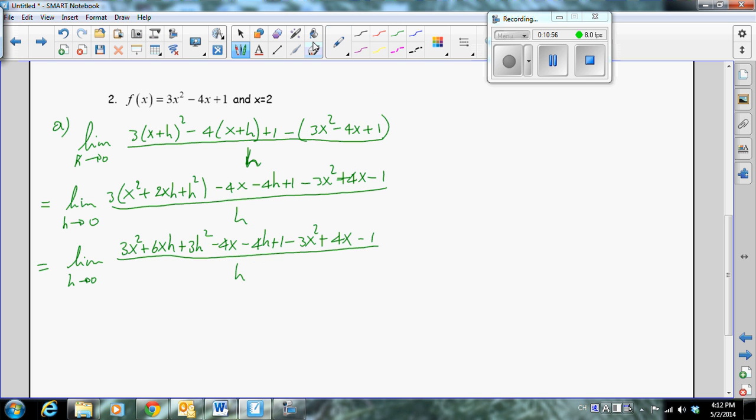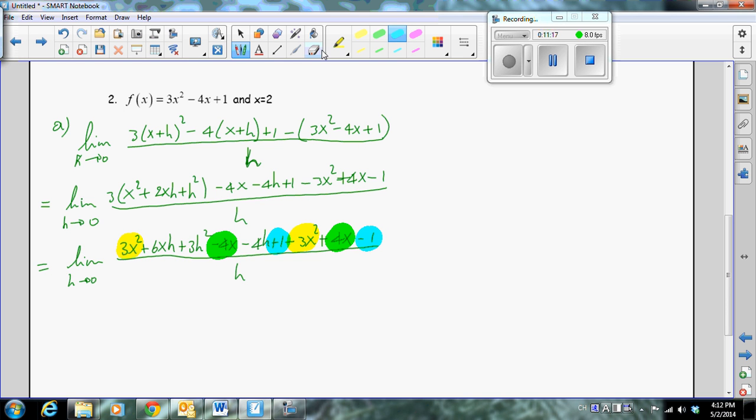Alright, let's go ahead and simplify. I will highlight the stuff that simplifies 2 by 2, starting with the 3x squared and the negative 3x squared will be gone. I have the negative 4x and the 4x will be gone. I also have a negative 1 and a 1 that will leave.